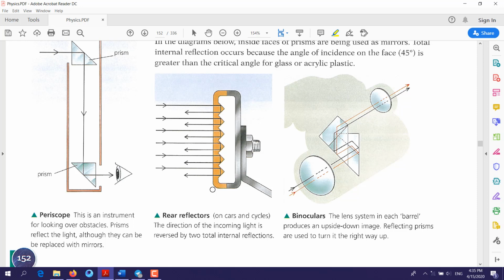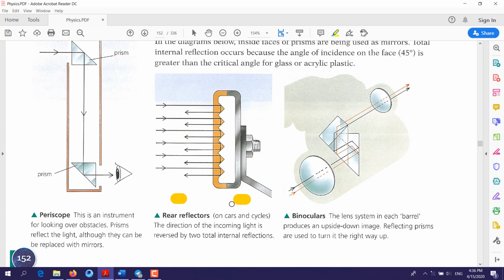Maybe you have noticed this. If there is a car that stops, let's say at night when it's dark, and another car behind it, you will have one car here and another car here. When this car sends light to this one, there are the backlights of it. It glows, it looks like it's on, but in fact it's off.